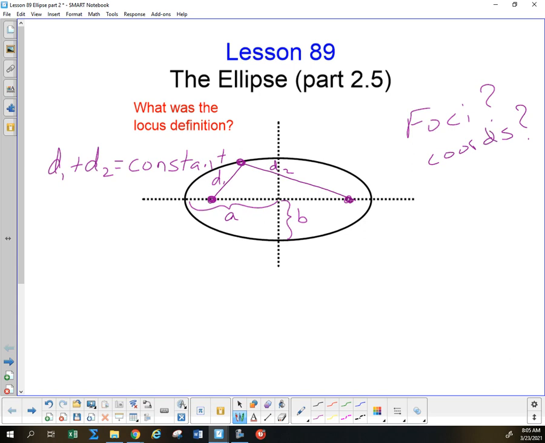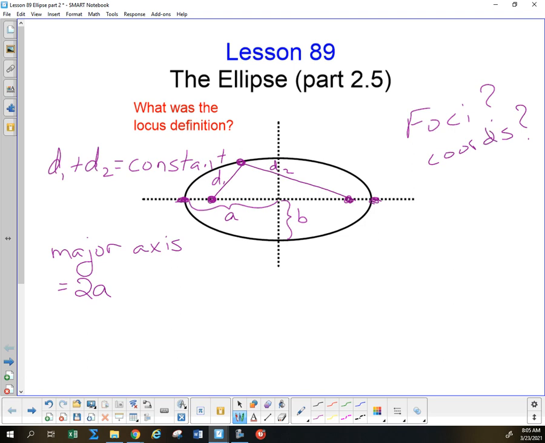We also know that our major axis would then be the distance from out here all the way to this other vertex along the longer axis. So it would be a plus a, or 2a.